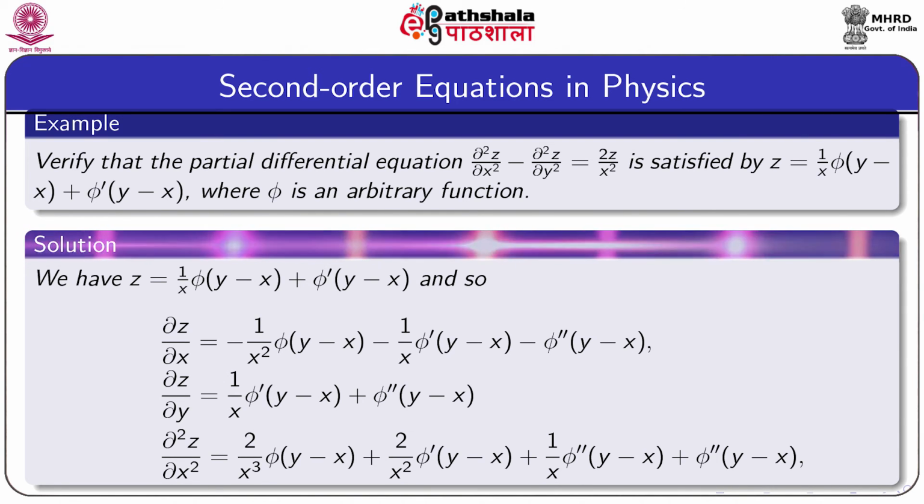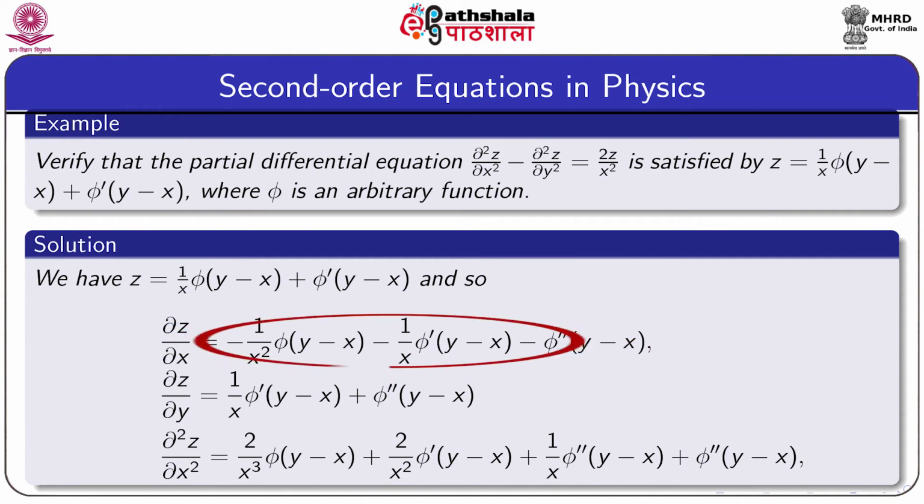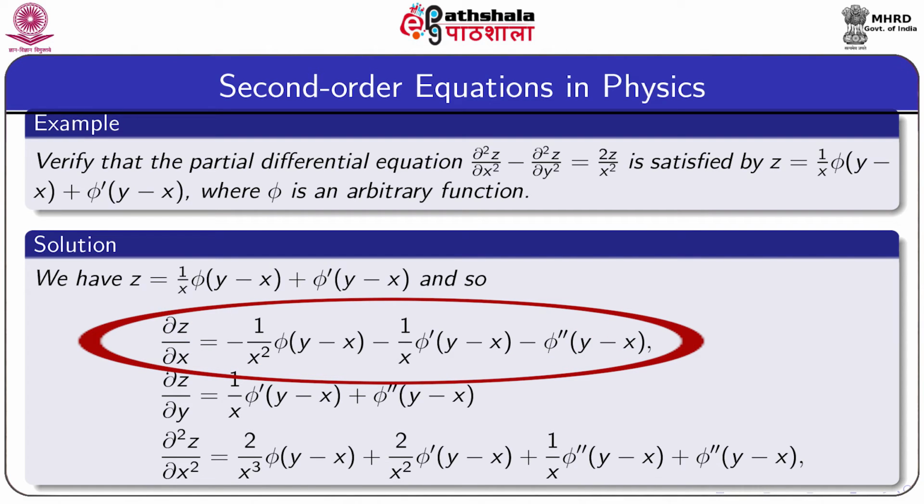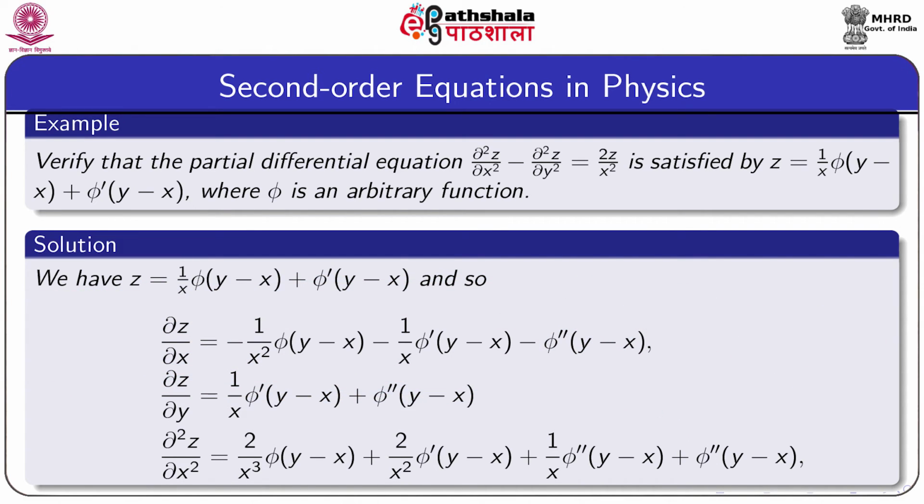If you take the first order derivative with respect to x, we obtain del z del x equals minus 1 by x square phi minus 1 by x phi dash minus phi double dash, and we have to take the derivative with respect to y.